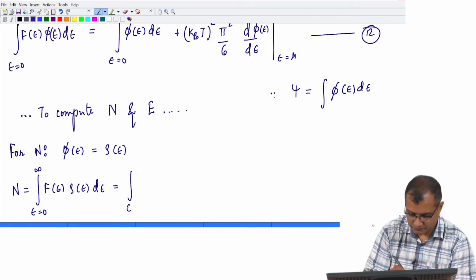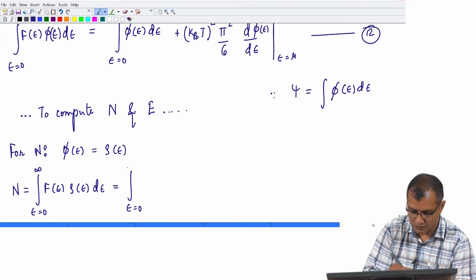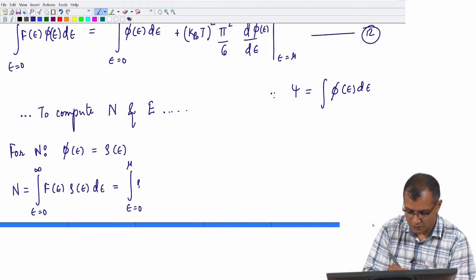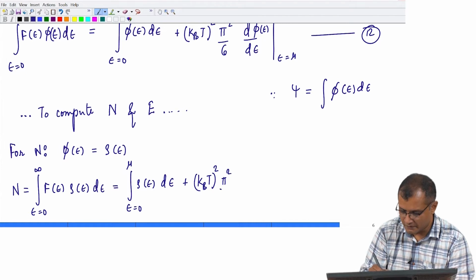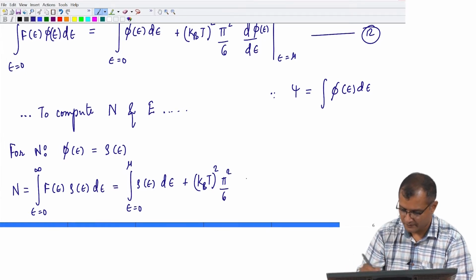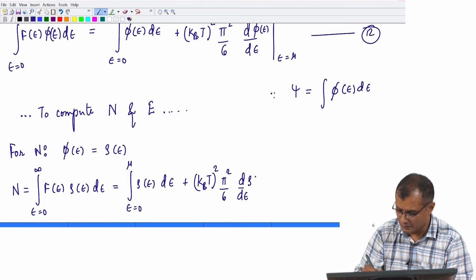integral E going from 0 to mu rho of E dE plus kBT the whole square into pi square by 6 into d by dE of rho E at E equals mu.